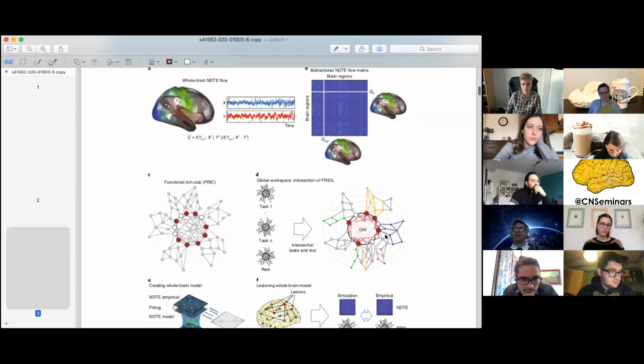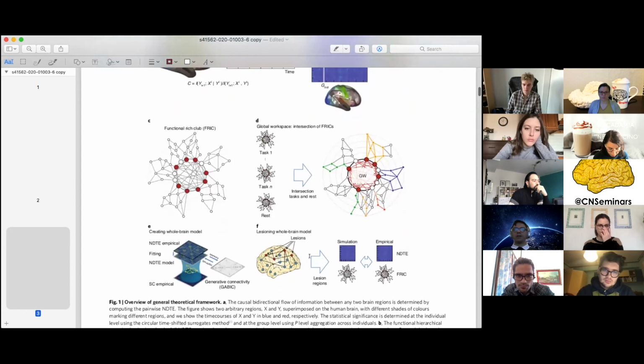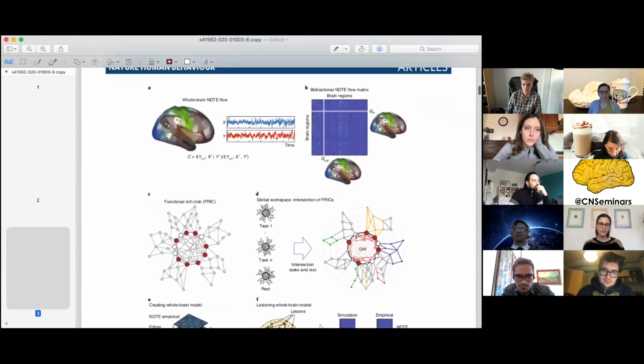The idea is that you have a hierarchy with a global workspace in the middle, which is highly interconnected within itself and receives information from functional modules that you can see here, which can be auditory, sensory, and visual. They get inside the global workspace for this representation to get modified, and then get out. And they're trying to find where it is.